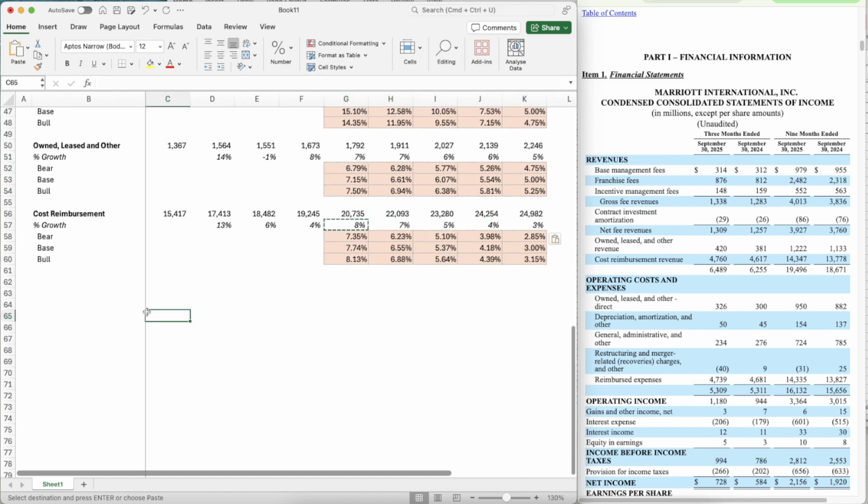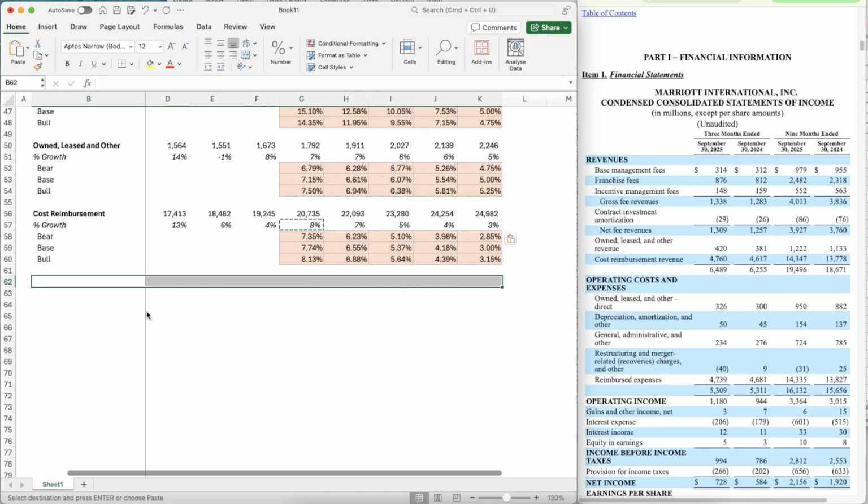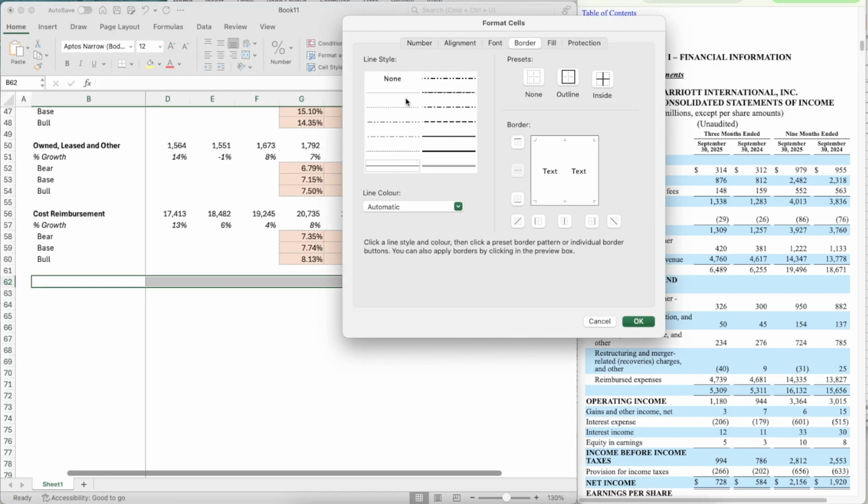That's good. So this is the revenue build. Let's get a total. We can move on to the next section, the income statement.